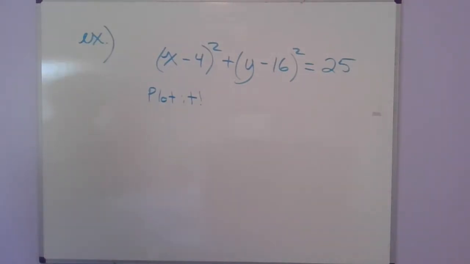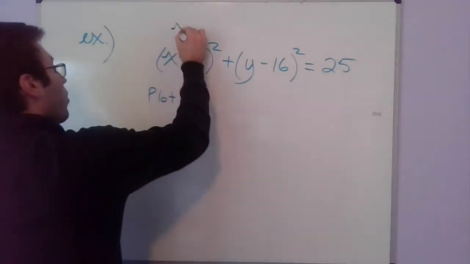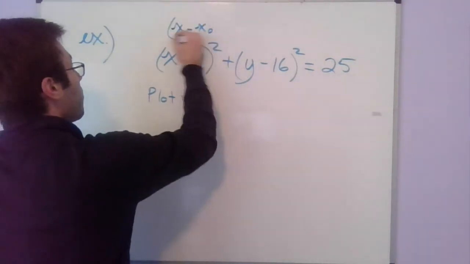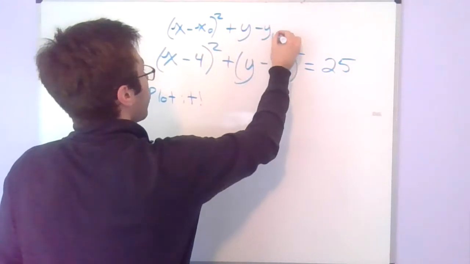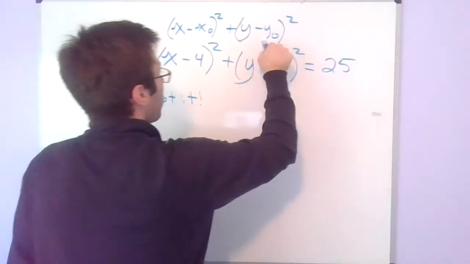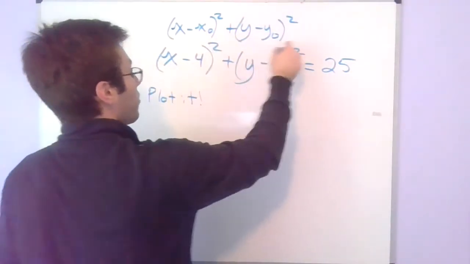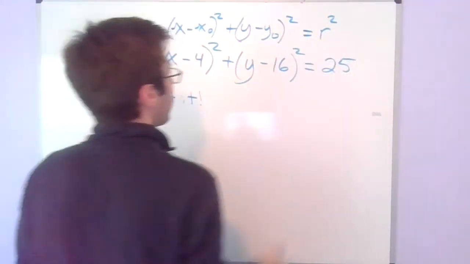So the first thing is, again, the equation of a circle is x minus x sub 0 squared plus y minus y sub 0 squared is equal to r squared, where x sub 0, y sub 0 is the center of the circle.